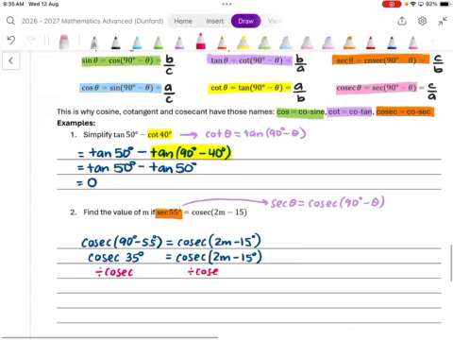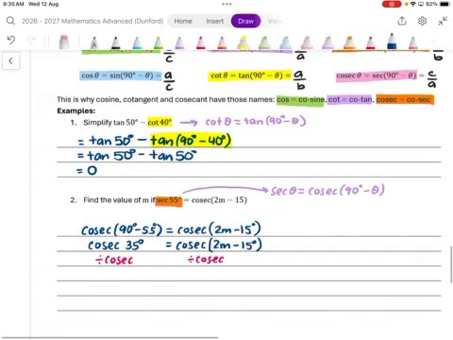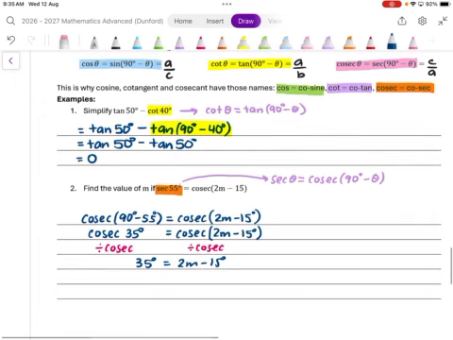We are then just left with 35 equals 2m minus 15. And from here we can solve for m. So we can add 15 to both sides to get 2m equals 50 degrees, and then we can divide both sides by 2 to get m equals 25 degrees.